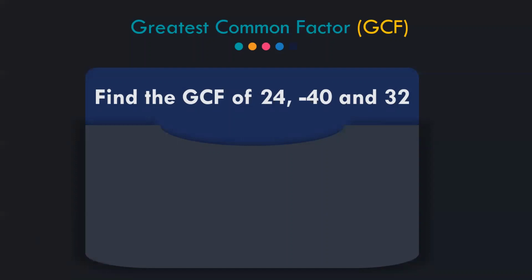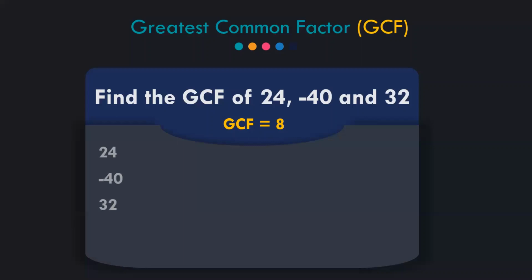So, ibig sabihin, kahit may given tayo na negative number, ang GCF pa rin lagi nun ay positive integer. So, again, kung kaya mo na kagad makapag-isip ng greatest number na pwedeng makapag-divide kay 24, negative 40, and 32, therefore, ayun ang GCF nila. And that is 8. Kung medyo nahihirapan naman, again, we can use different method.